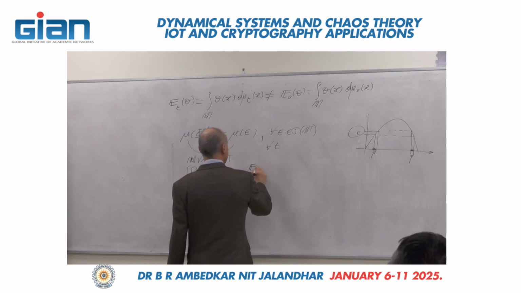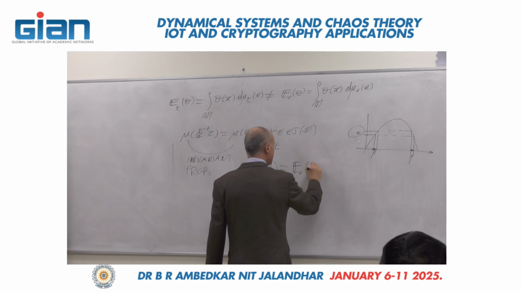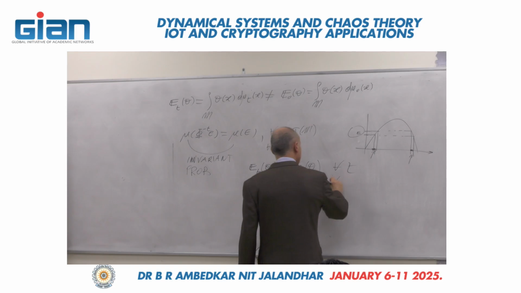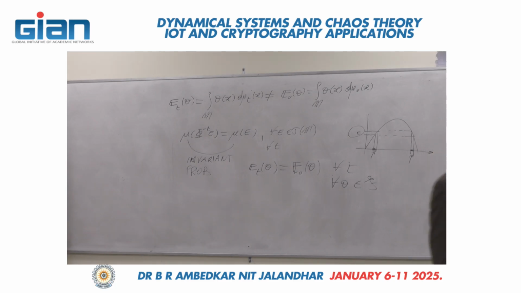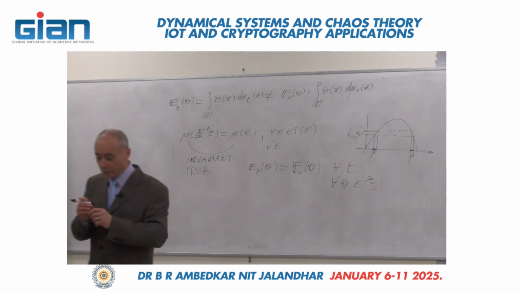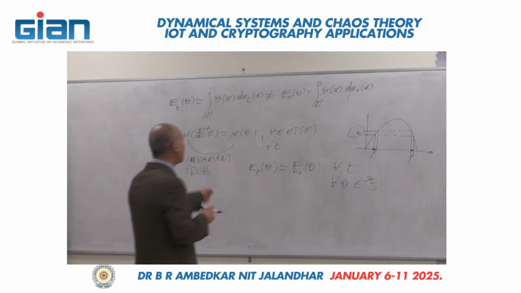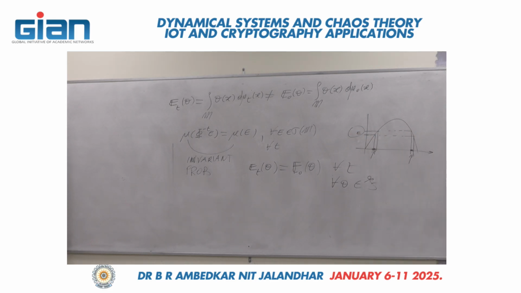The expectation at time t of O will be equal to the expectation at time 0 of O for every t, and for every O in the function space that corresponds to the sigma algebra or the function space that you have chosen. So like for points that move, we had the fixed points, we have the invariant probabilities. The invariant probabilities are fixed points of the evolution of the probability.